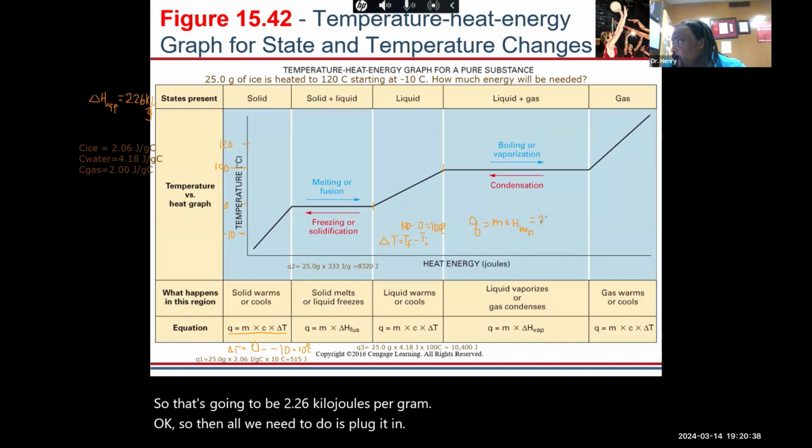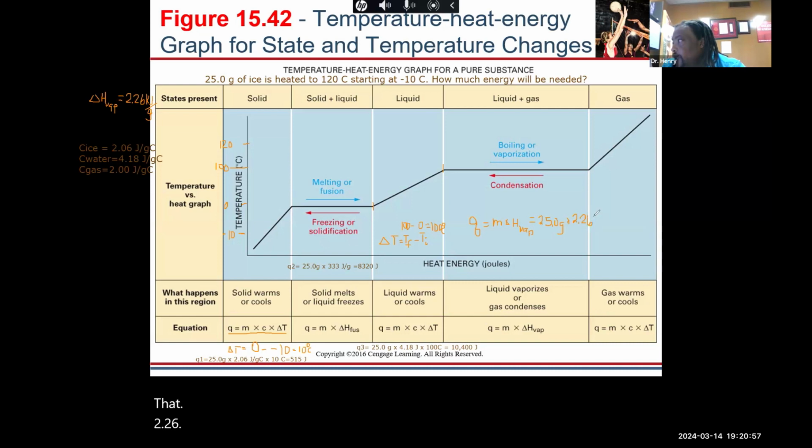So we have 25.0 grams times that 2.26 kilojoules per gram. Grams cancel out, and we're left with, and we're going to call this Q4.